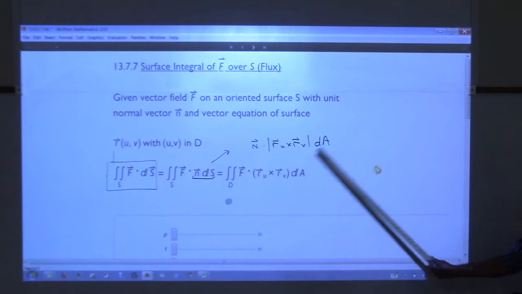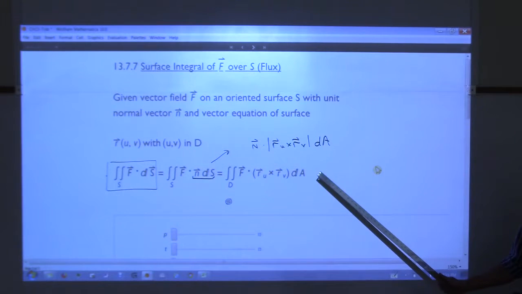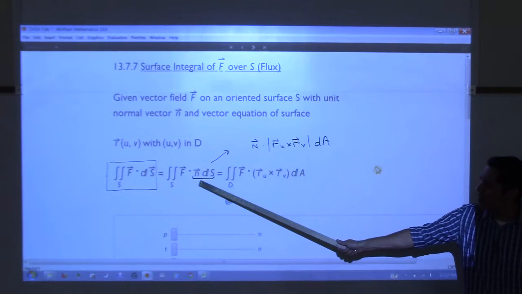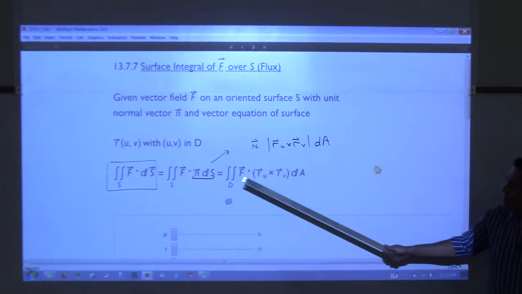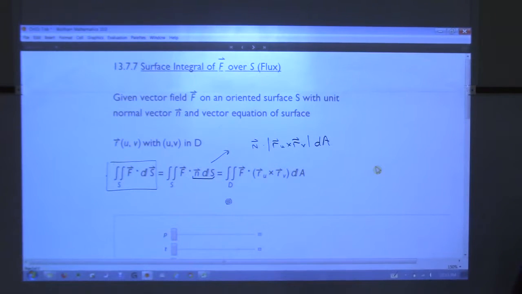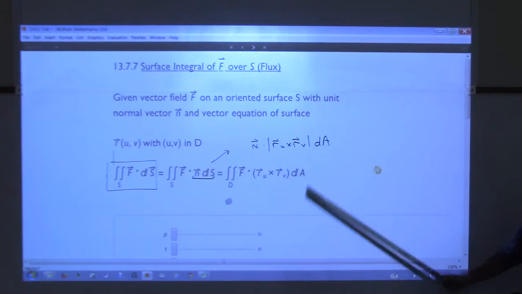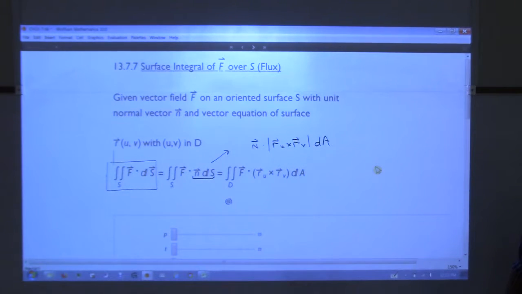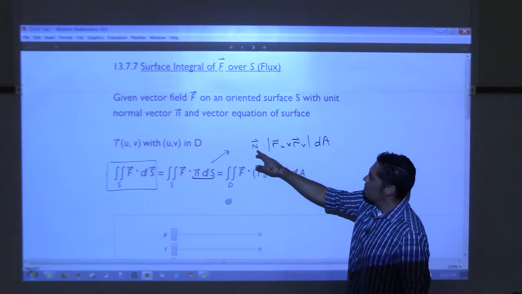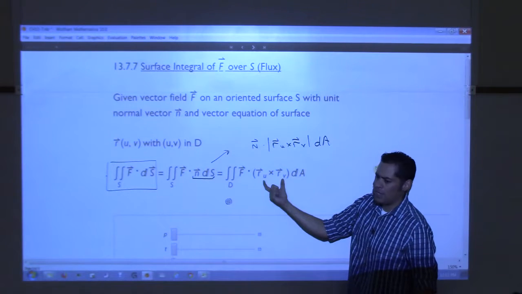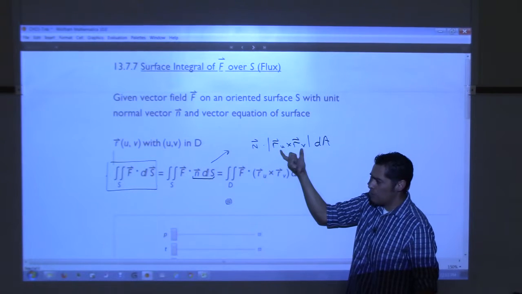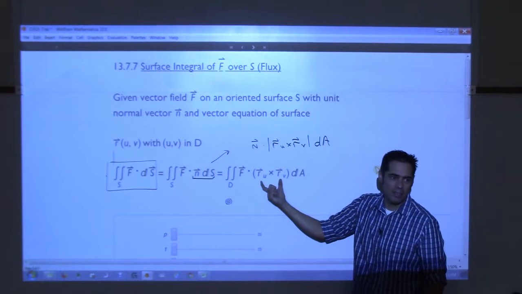I'm going to explain what this all means, but I just want us to understand the formula first. Then this formula becomes this formula. What the heck? Where did that N go, and where did the absolute value go? Don't they just go away because your normal is going to be your vector over... Well, this didn't go away because this is not the same as this. Look, this is the magnitude of the cross product here, and this is not the magnitude.